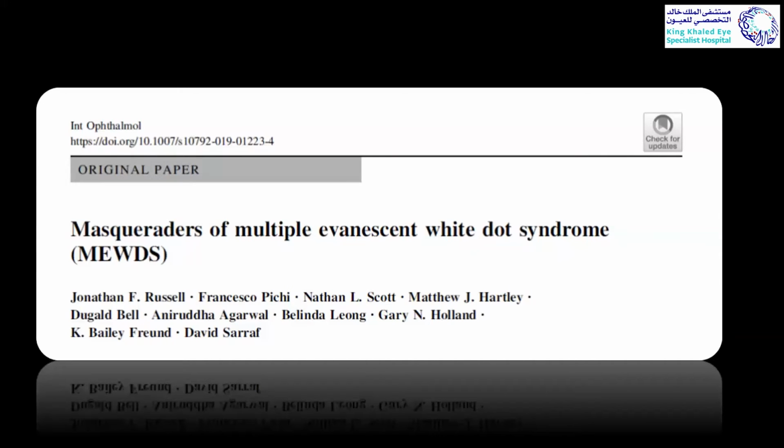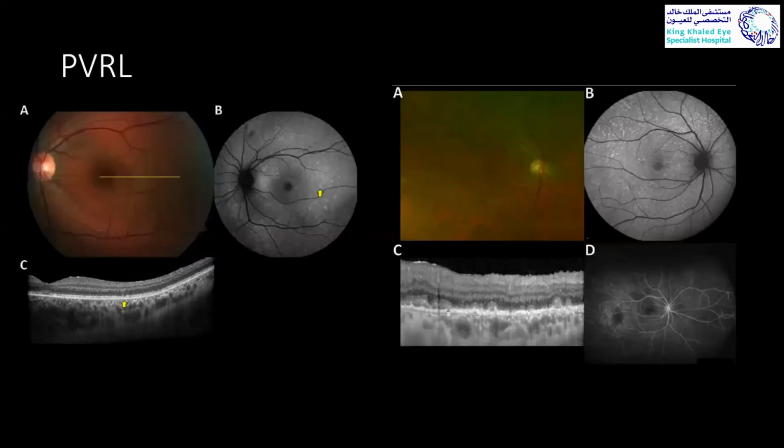So before diagnosing any patient with MEWDS, we should exclude other masquerades that can present with a MEWDS-like picture. So this paper, published last year, is a study by David Sarraf regarding the masquerades of MEWDS, and he mentioned several cases that can present initially with a MEWDS-like picture.